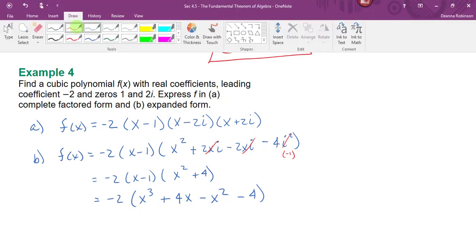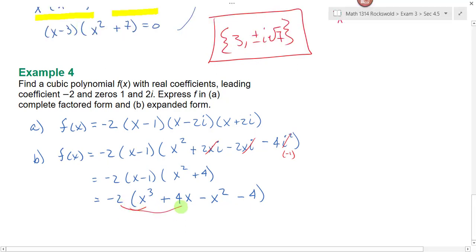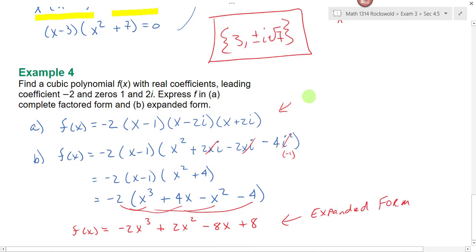My last step then would be to distribute that negative 2 across, and I end up with f of x equals negative 2x cubed, we'll say plus 2x squared because I want to write these in descending power, minus 8x plus 8, and that would be the expanded form, and this would be the completely factored form.